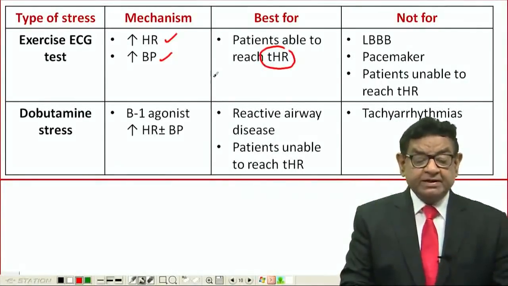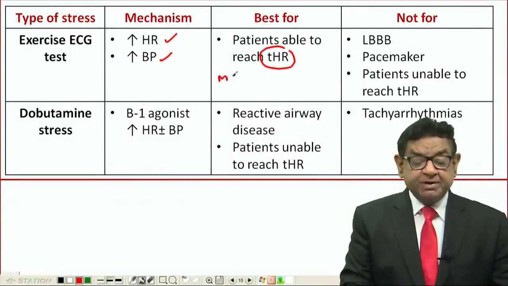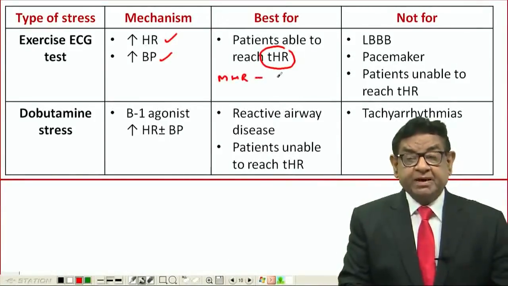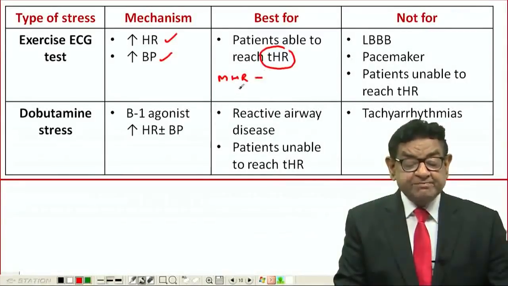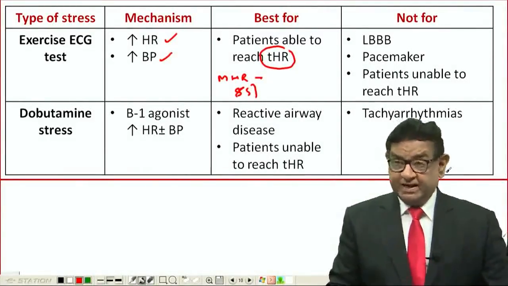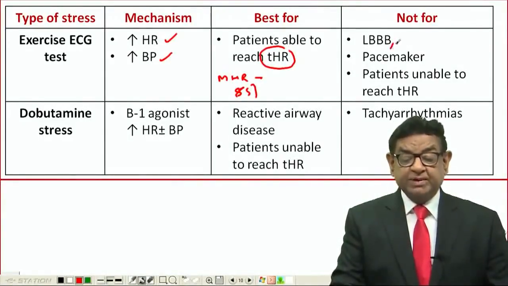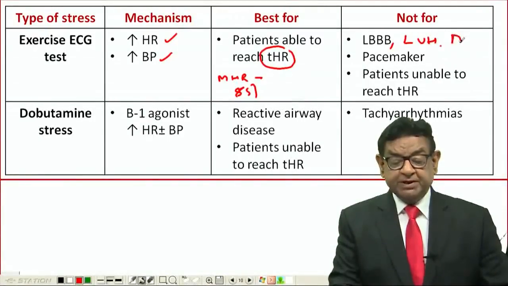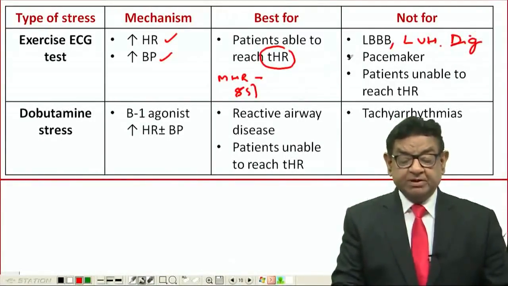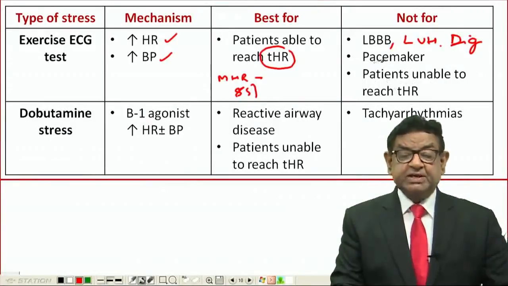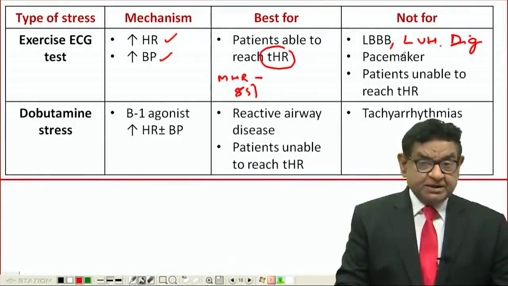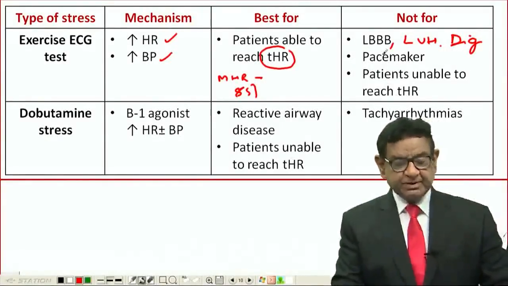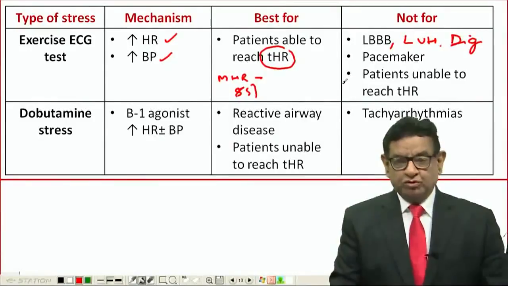I hope you remember, 85% of the maximum heart rate is the target heart rate. It is not suitable for patients having LBBB, LVH, patients on digoxin, patients on pacemaker, or patients unable to reach target heart rate. At times a person is normal, he starts running, but he gets fatigued and is not able to achieve target heart rate. Then we go to other tests.